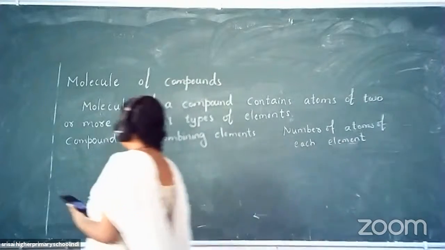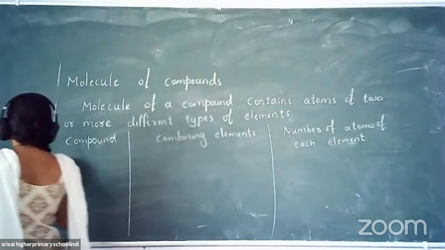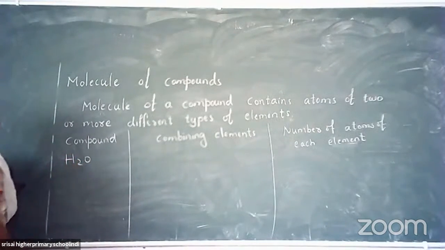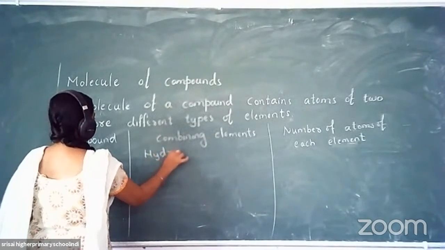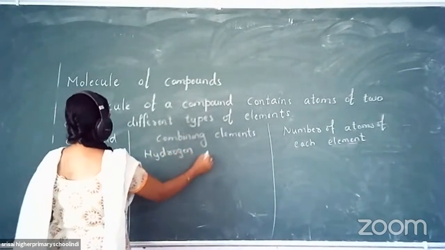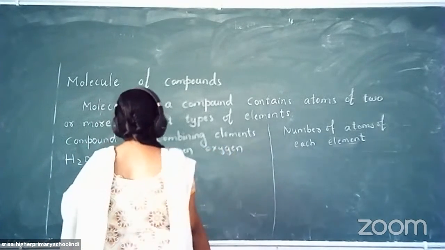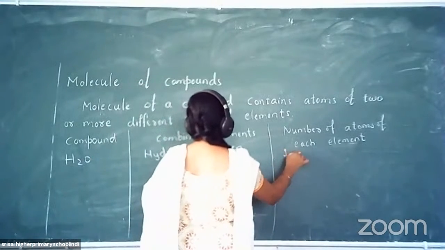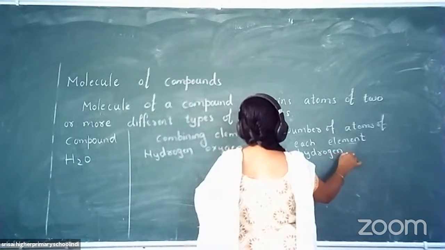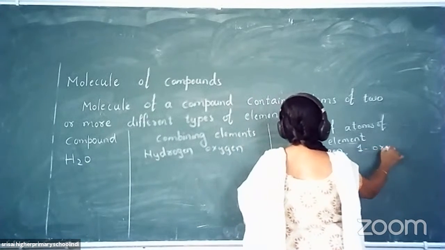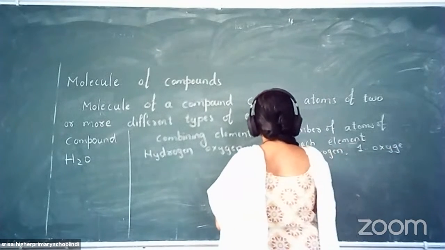Now first, when we consider compound, what is that? H2O. What is the combination of H2O? Hydrogen and oxygen. Here you write one hydrogen and one oxygen atom present in this. Two hydrogen and one oxygen.